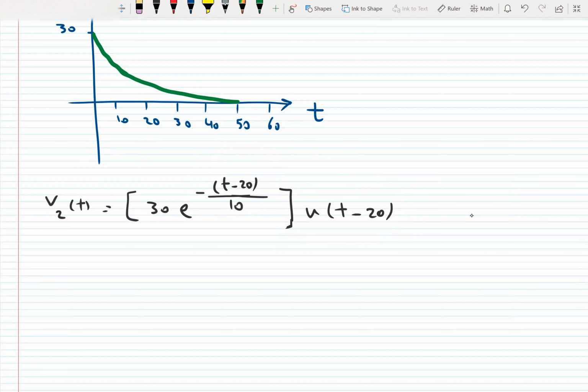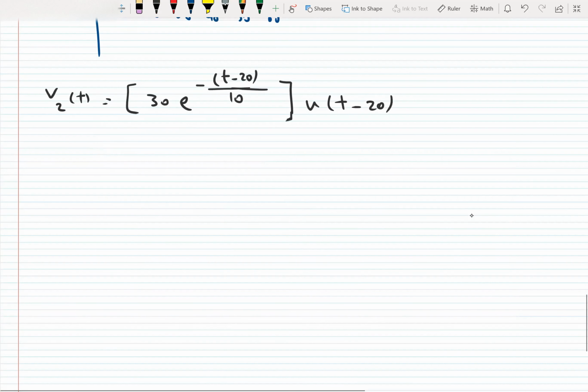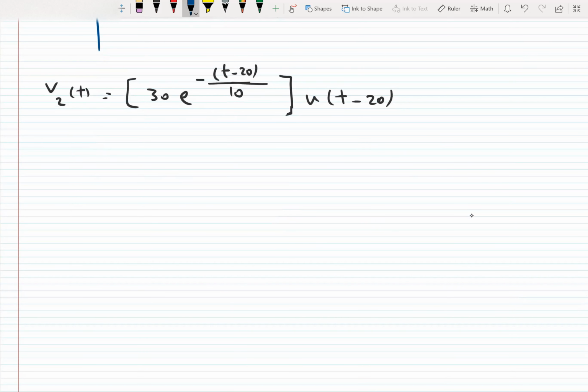We can say that the entire signal will be shifted to the right by 20 seconds. So let's plot this signal.